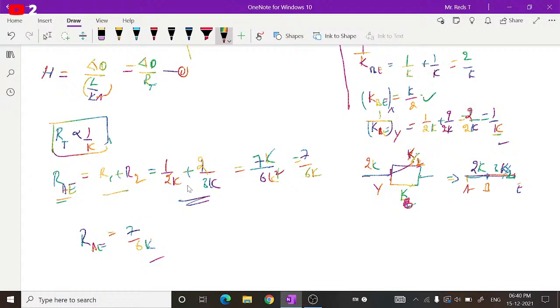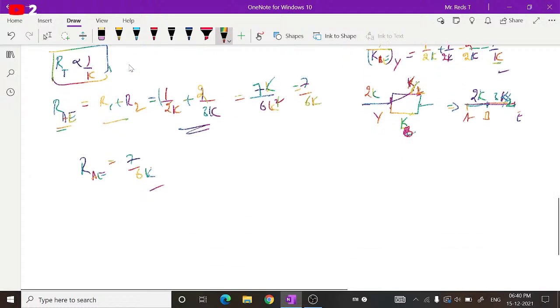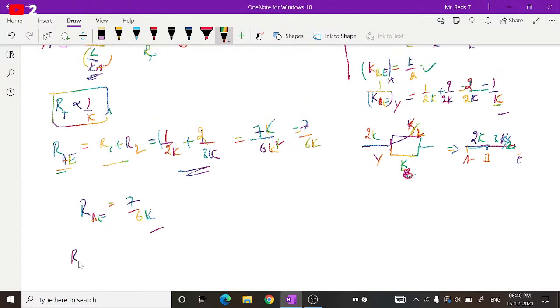Here R1 plus R2, I have taken as 1 by 2k plus 2 by 3k. So this is in terms of thermal conductivities only, a directly proportional relation. Otherwise, if you take the full form, because they have identical lengths and areas, R between A and E is R1 plus R2.